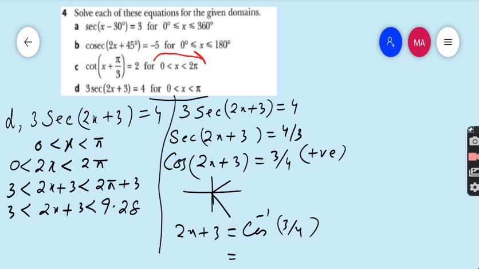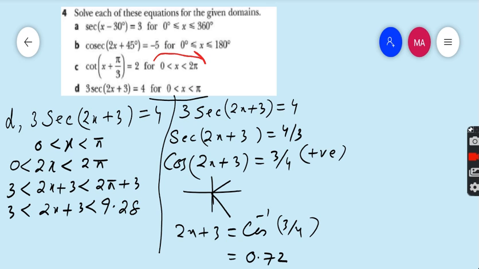It is 0.72. But students, this is not our desired value.